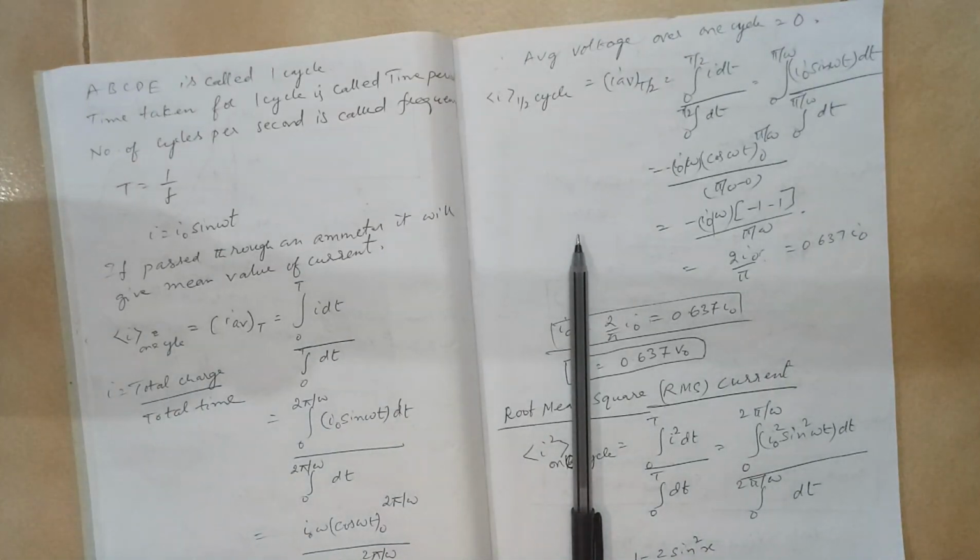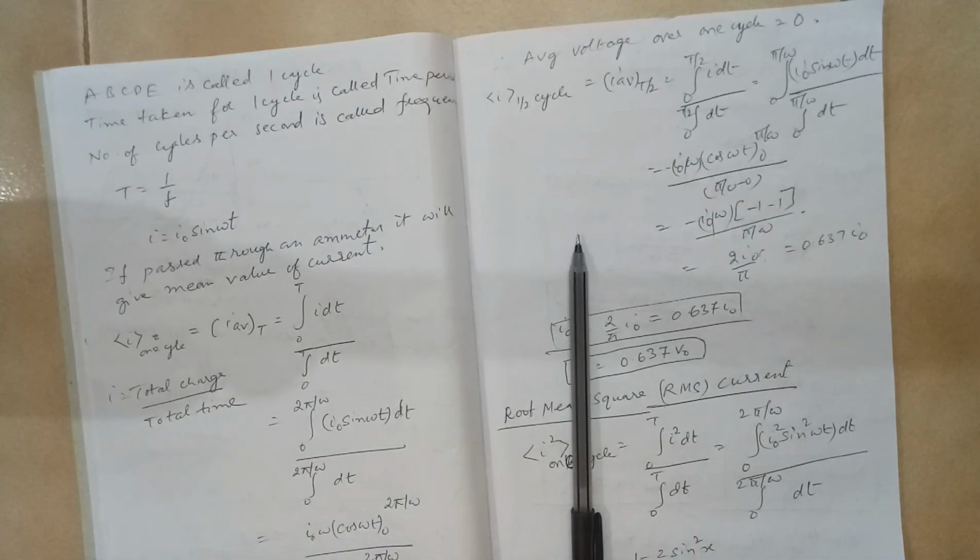If you want to calculate the value of current over one cycle, how do you find out? You have to take the total current and divide by total time. It is similar to that, you have a classroom where some 20 students are there and you want to know what is the average marks scored by the students.